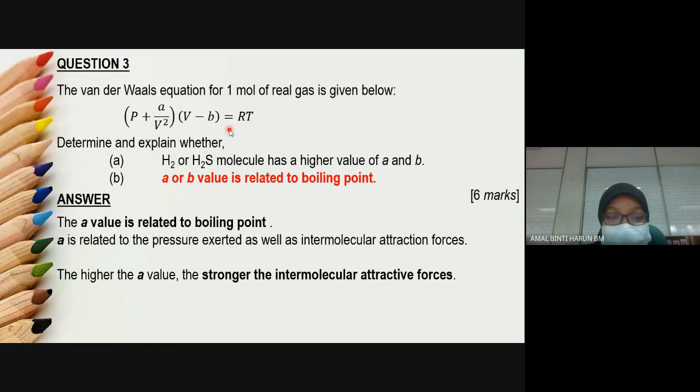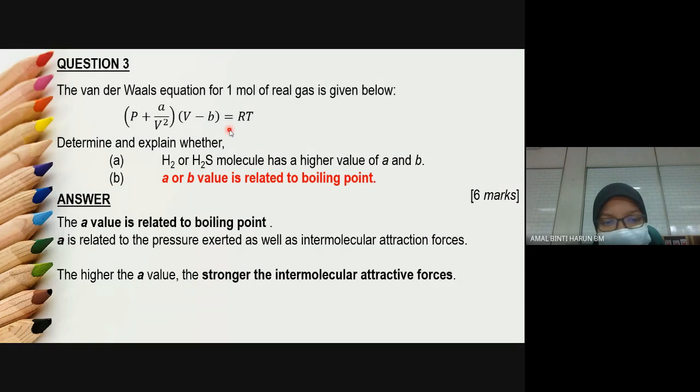Okay. So what is the effect of the A and B values related to the boiling point? The A value is related to boiling point. Why? A is the correction for intermolecular forces. So is the boiling point affected? Yes, affected because H2S has strong intermolecular forces. If the intermolecular forces are strong, the boiling point will be higher because boiling is the process of transforming from liquid to gas.